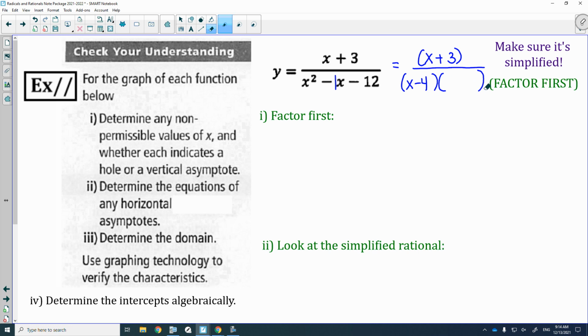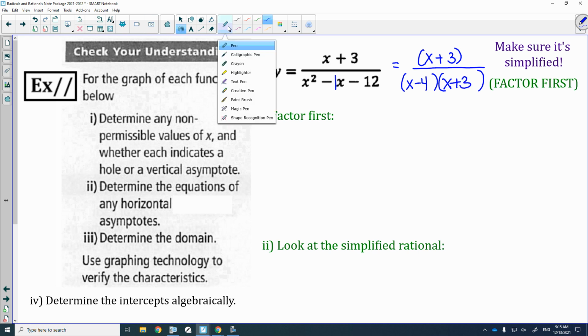Okay, so you always factor. Highlight if something's common. If it's common, then you need to state what that would be. Connor, what does this mean if these two factors are common? Is that a hole or a VA?